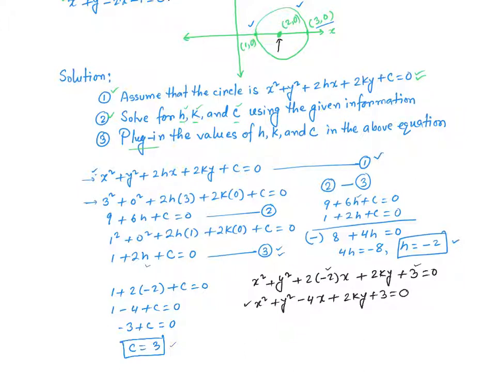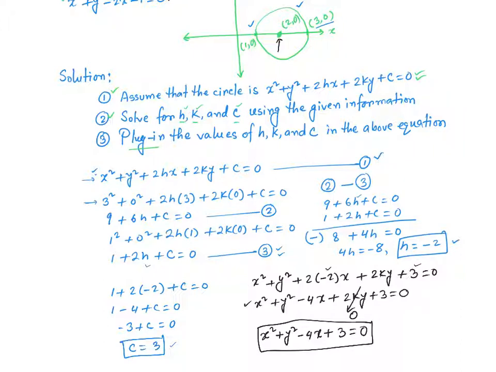You really don't need to know the center. You just know that the center of the circle is on the x-axis, which means the y-coordinate of the center of the circle must be 0, which tells me right away this k value is going to be nothing but 0. So this term is going to go away. So my desired equation is going to be x squared plus y squared minus 4x plus 3 is equal to 0. So that's what the equation is.